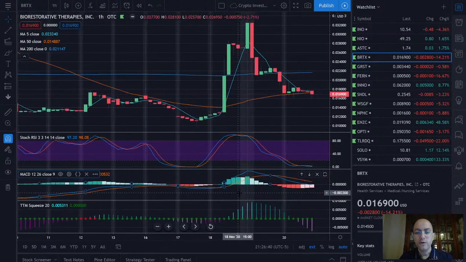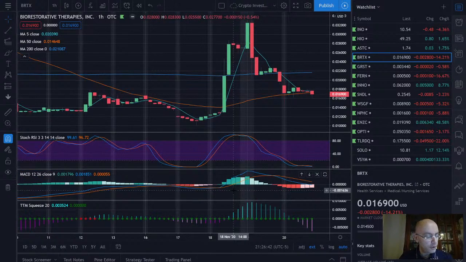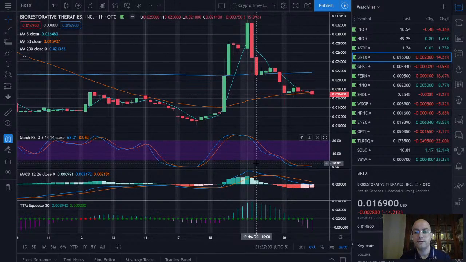Perfect. So what is a divergence? When the MACD takes off away from the signal, that's called divergence.